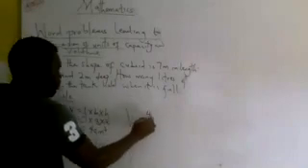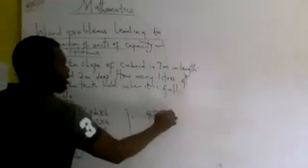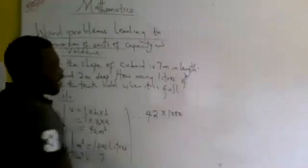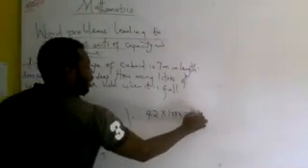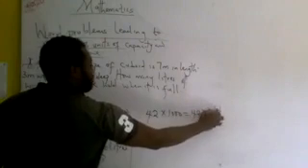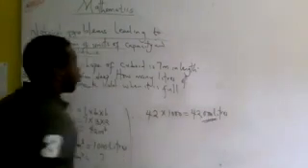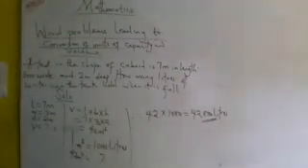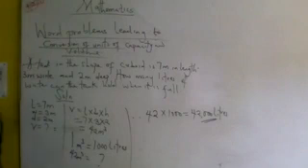So that would be 42 times 1,000 liters, and that will give us 42,000 liters of water. That means that 42 meters cubed is equivalent to 42,000 liters of water.